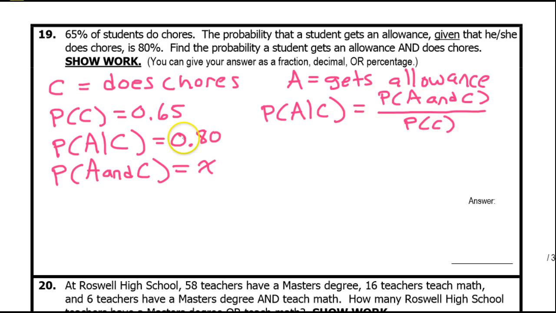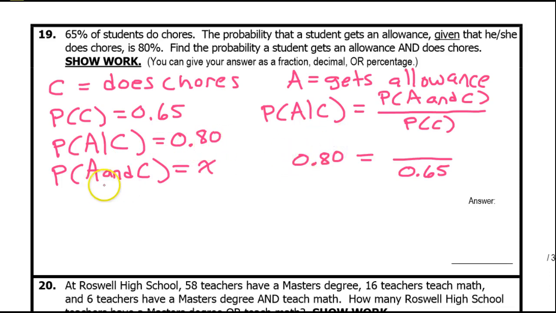Now I'm going to substitute in the values that we have. We have the probability of C, so the denominator here is 0.65. We have the probability of A given C is 0.80, so that's going to go here.